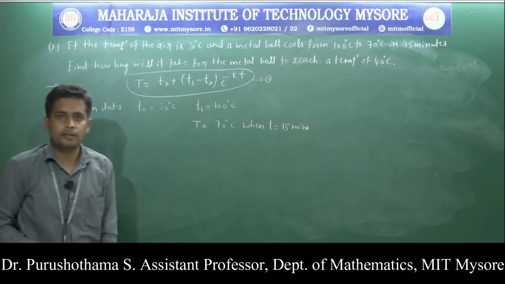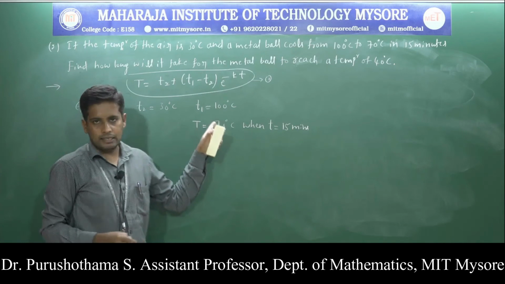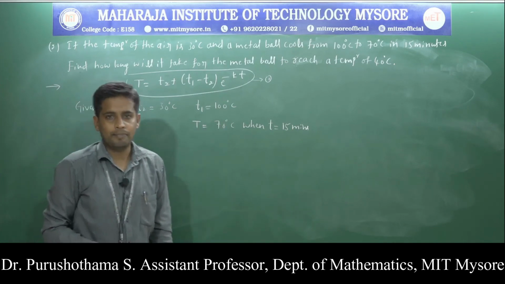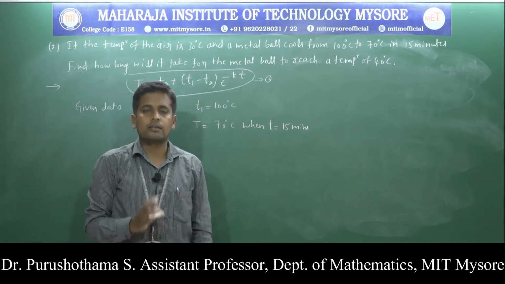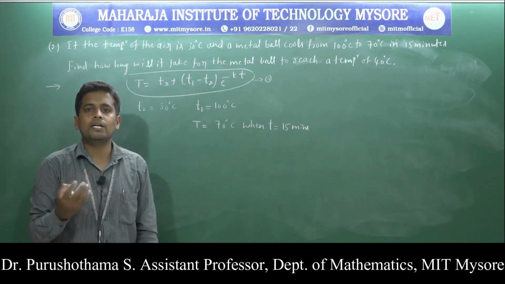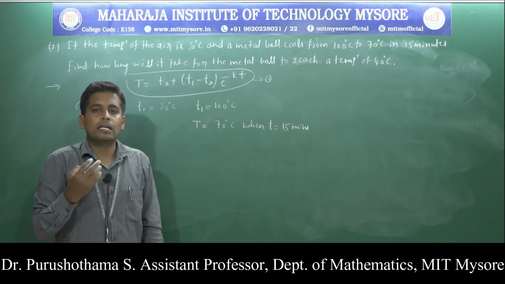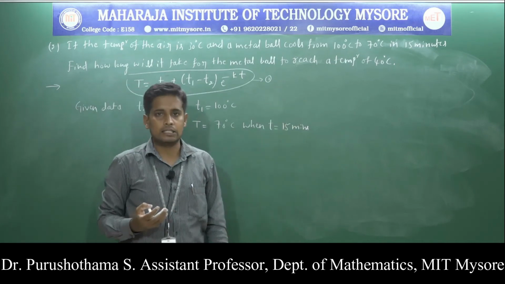Using the given data, first find the proportionality constant. Using K and the given data, find the time when the metal ball reaches a temperature of 40 degrees Celsius.